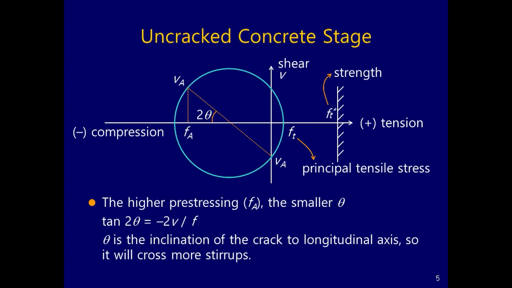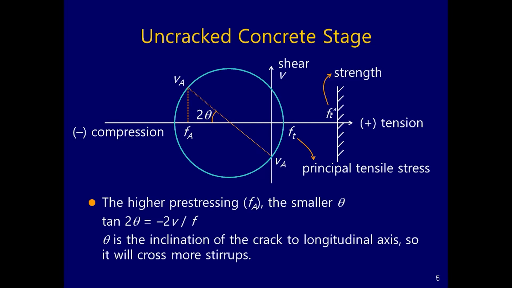And also this angle theta is getting smaller. And it also helps that if the cracking is not 45 degree, but more like a little bit flat, then it is intercepted by more stirrups, if you have stirrups in that beam.